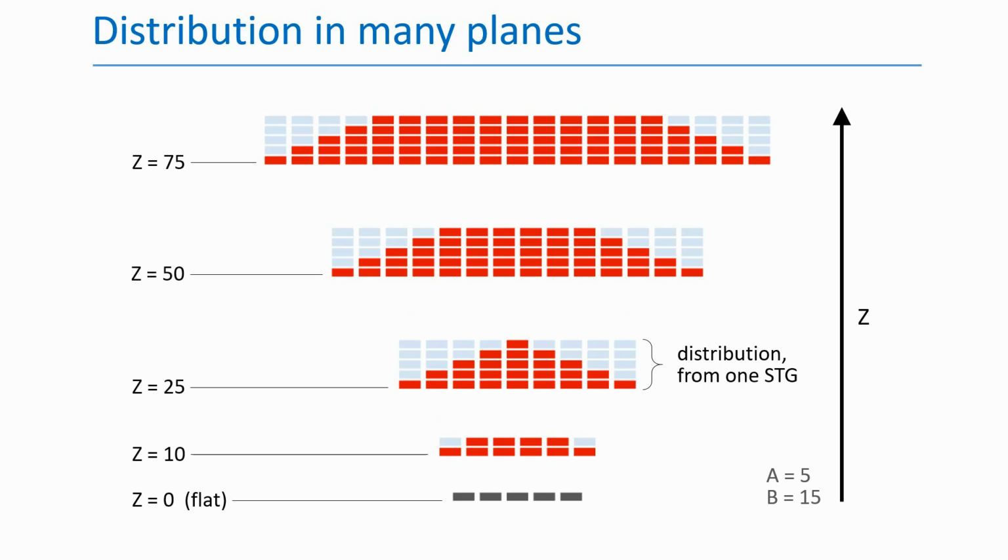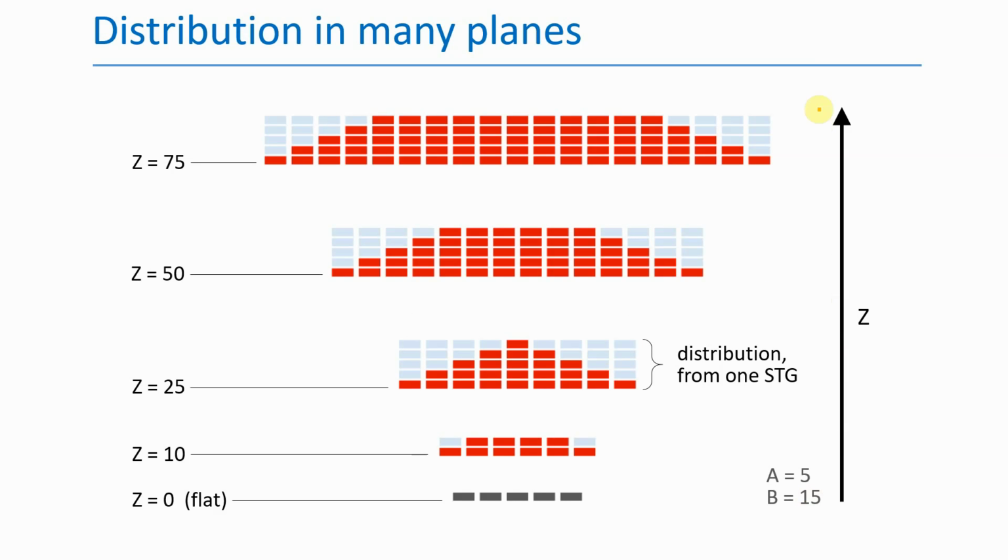But first, let's look at an overview of how the distribution evolves. Note that we're now showing many different planes all together on a single slide. Each of these distributions is in a different plane, and each one is collapsed from a different source target grid. There is some potential for confusion in this type of diagram because the vertical axis actually represents two different things.